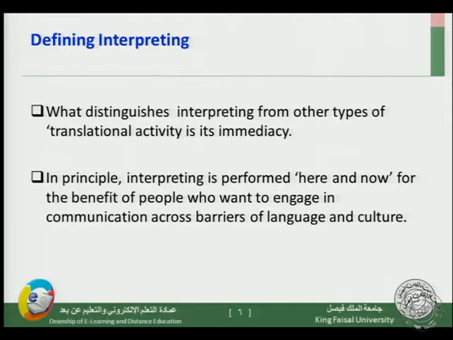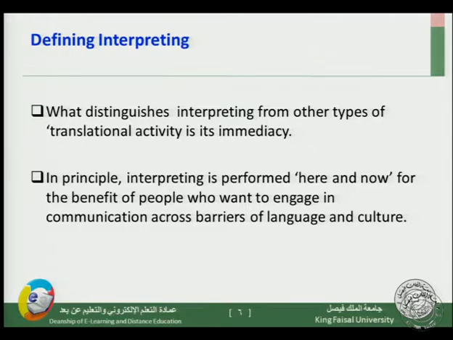So in principle, interpreting is performed here and now. Not there and later, here and now. Why? Because people would like to get engaged in the communication process when there is a barrier in language and culture.